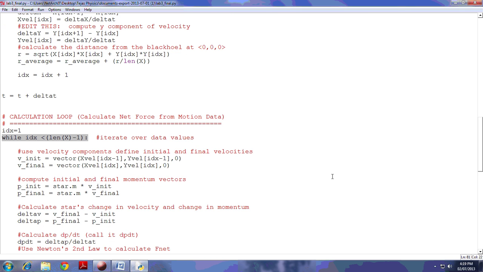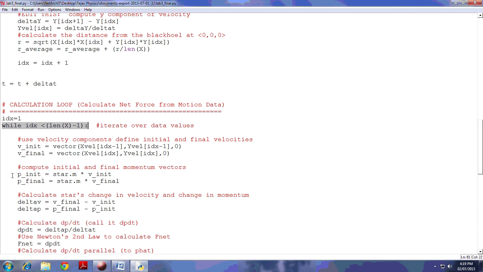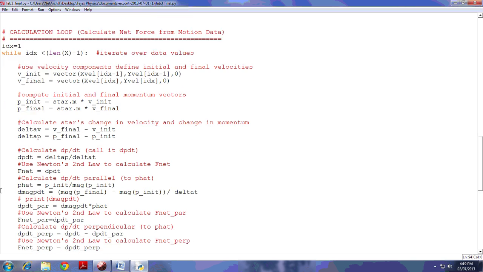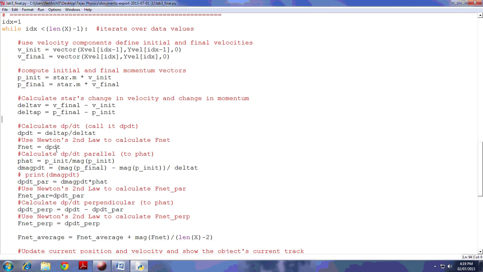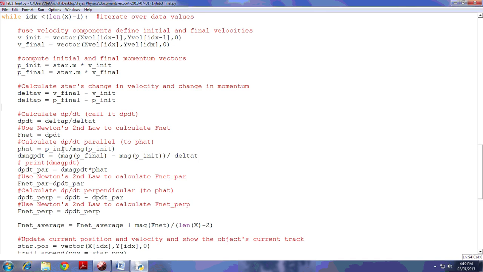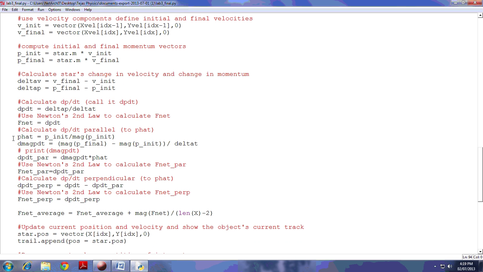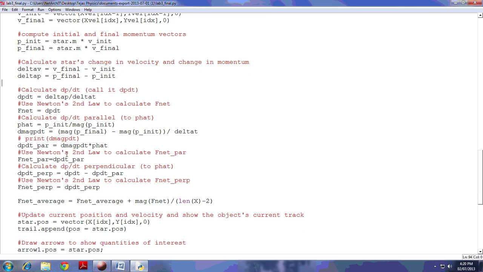So we figured out the P initial and P final, and we found delta V and delta P. We've set F-net as dP/dt, and dP/dt is equal to delta P over delta T. P hat, the unit vector, is the P initial over magnitude of P initial.